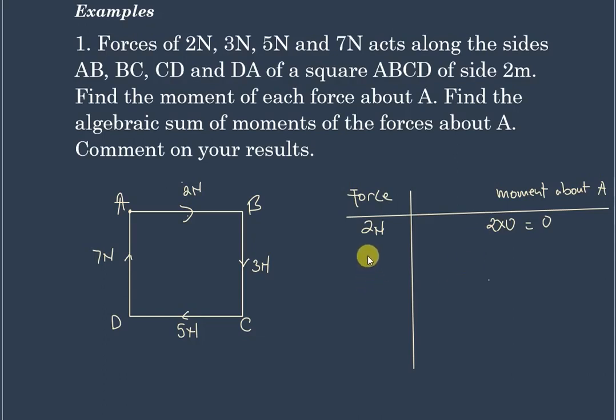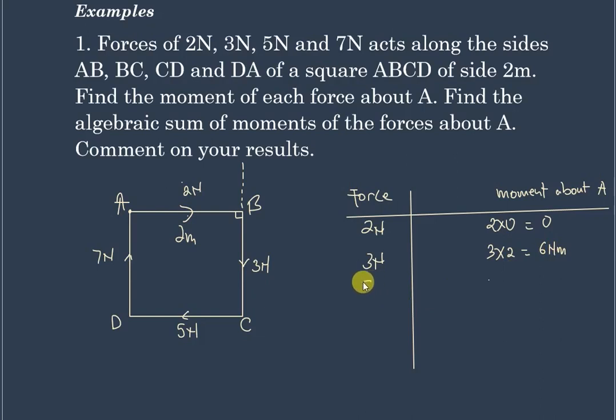Then the 3 Newton force has this line as its line of action, and the perpendicular distance of that line from the point A is the distance AB, which is 2 meters, since they said every side is 2 meters. So it is force, 3, times the perpendicular distance from A, which is 2, getting us 6 Newton meters.